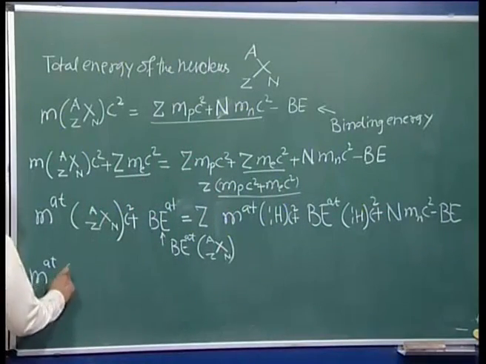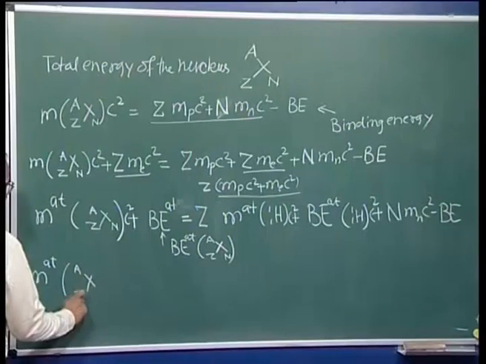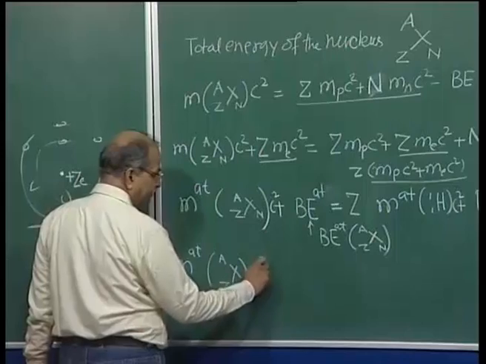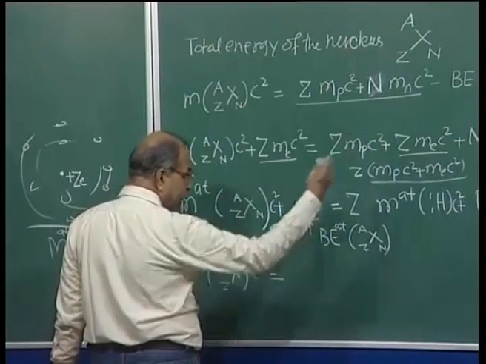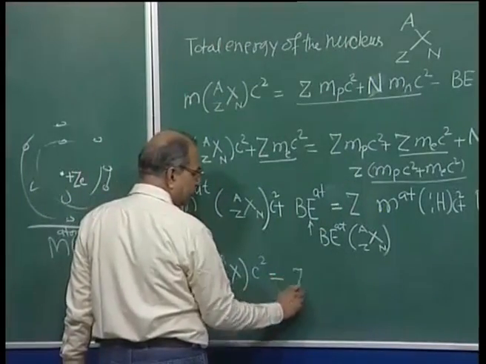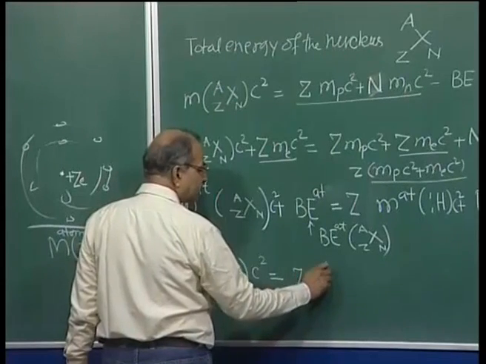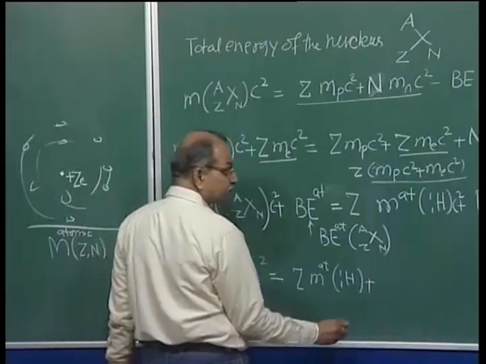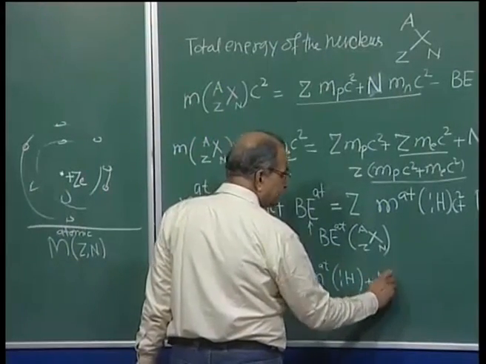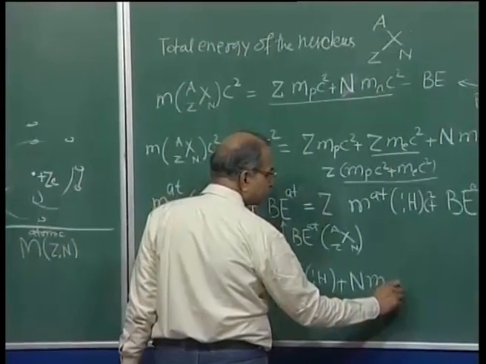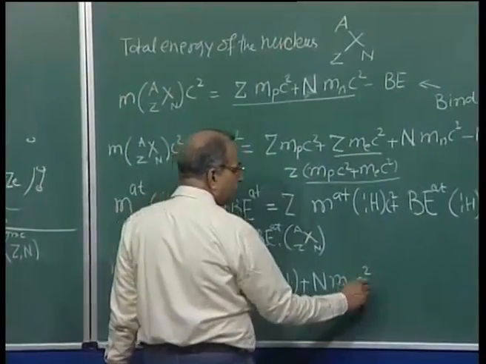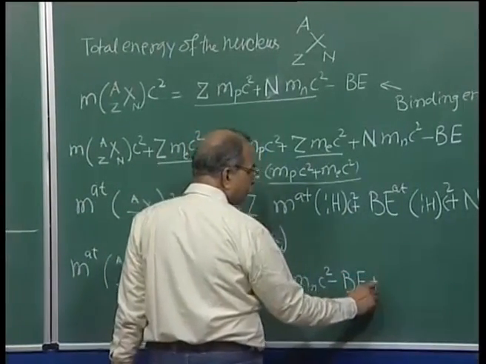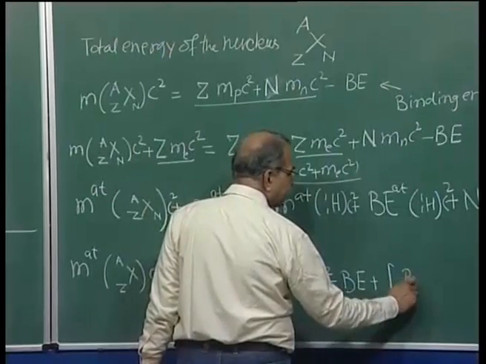The atomic mass of this atom AXZ times c square is equal to this, I will take on the other side, Z times the atomic mass of hydrogen plus n times MnC square minus the nuclear binding energy plus Z times binding energy.